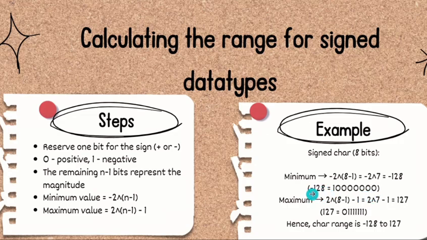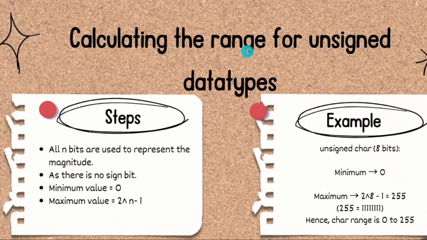And I told you the negative is represented with 1 and the positive is represented with 0. So here you can see the most significant bit is 1, so it indicates a negative value. If the most significant bit is 0, it means it is a positive value. Hence the character range is minus 128 to 127.